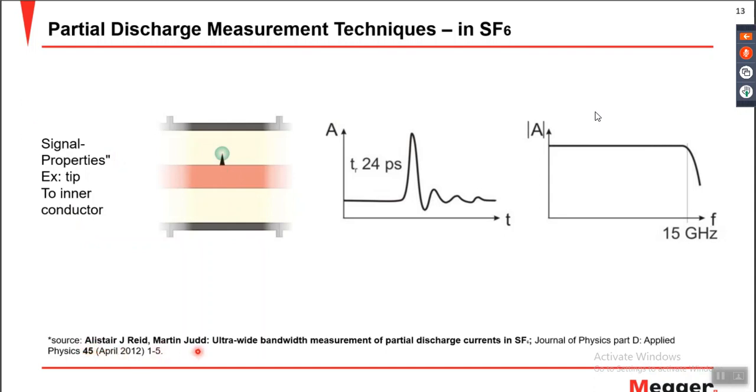Alexander Jade and Martin Judd did this experiment in the laboratory, where they put such a needle on a high voltage conductor and captured the PD pulses generated because of this defect. What they found is that the rise time of these PD pulses, because of such discharges in SF6, goes down to 24 picoseconds. And when you convert this into frequency, it goes to about 15 gigahertz.